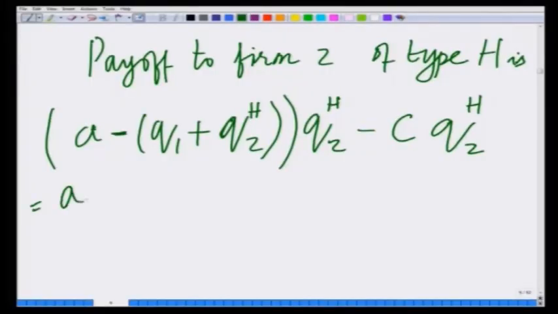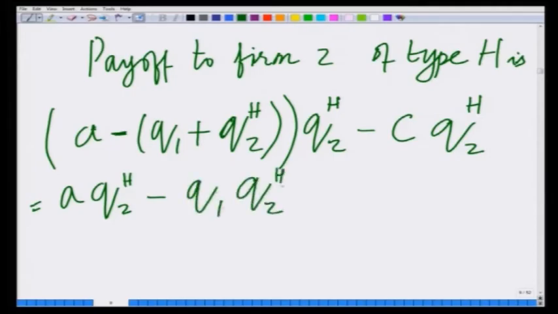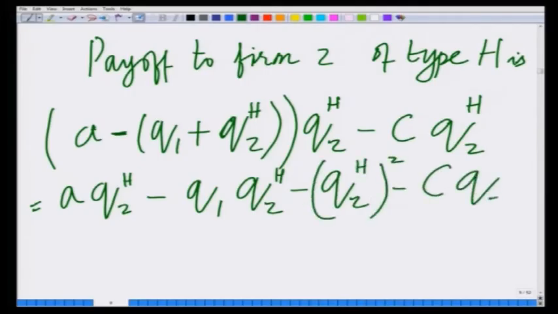Remember, firm 2 of type H produces quantity Q2H, and it has a production cost of C, therefore C times Q2H. So the payoff to firm 2 of type H is the price A minus Q1 plus Q2H times the quantity Q2H, minus the cost per unit C, because firm 2 of type H has cost C, times Q2H, which is equal to A times Q2H minus Q1 Q2H minus Q2H square minus C Q2H.